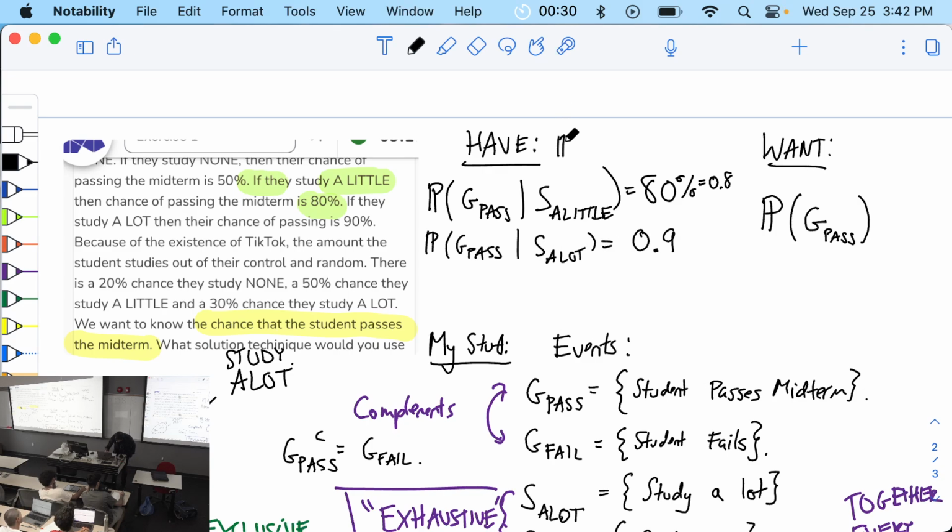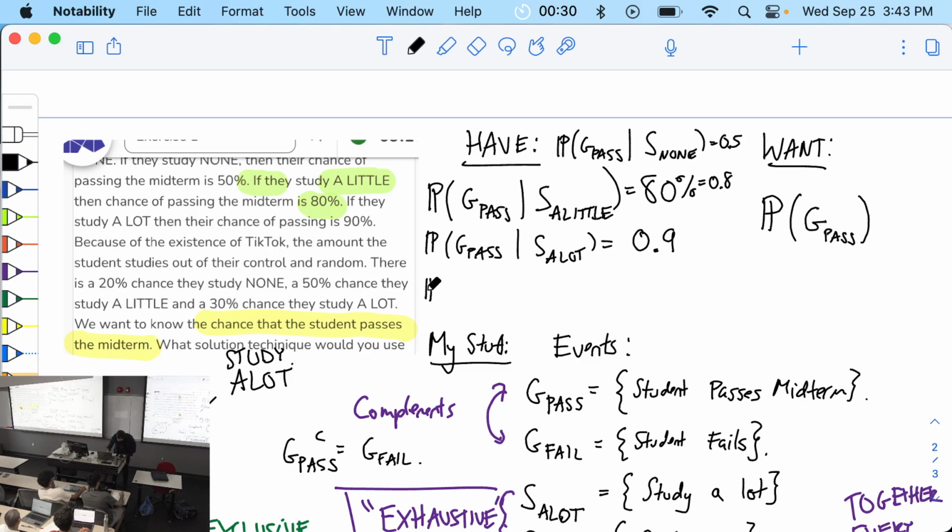And the probability of passing given S none, no studying, is 50%. So they gave us those things. And then they also gave us just the flat out chances of none, a little, and a lot, which were 20, 50, and 30%.